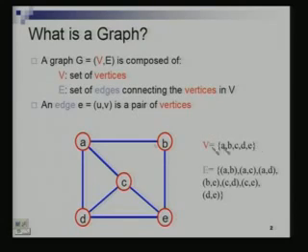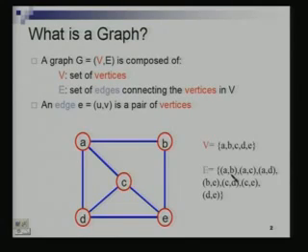So for instance, this graph could be specified either by giving this drawing or by giving these details: V, the set of vertices, is 5 vertices A, B, C, D, E, and what are the edges I have? Each edge, as you can see, is a pair of vertices, an unordered pair here.